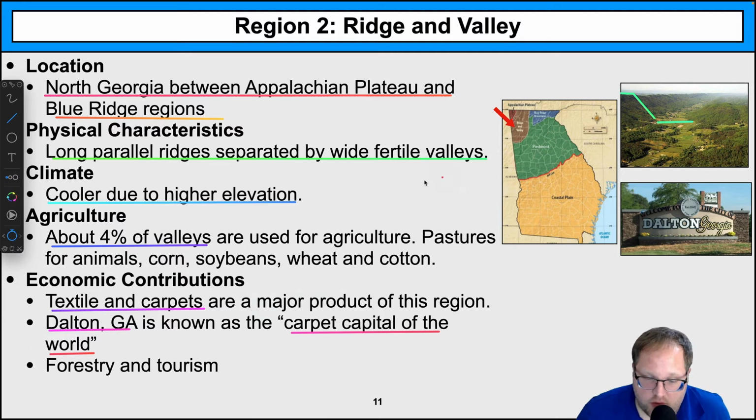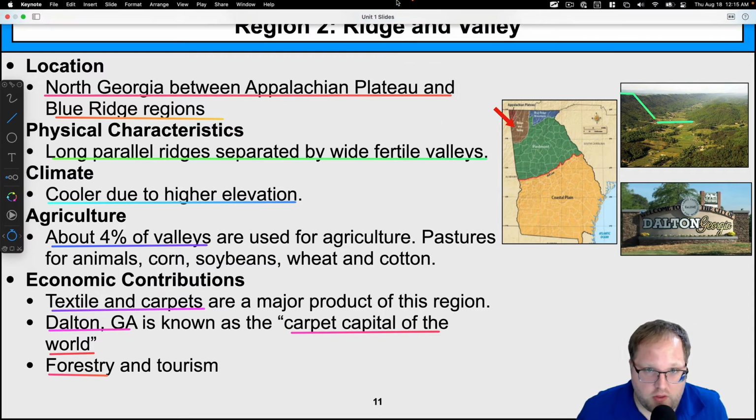Once again, in this region, there is a lot of forestry, so cutting down trees to make paper or other types of goods, and also tourism, since you are still close to the mountains or even close to the Piedmont region where you would find Atlanta, right? So lots of tourist opportunities in this region.